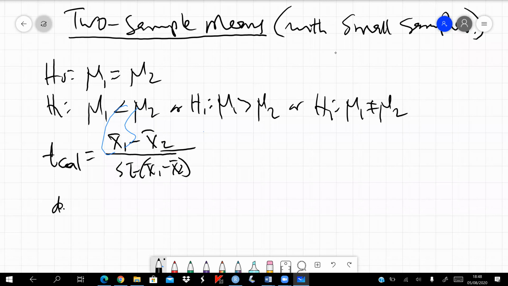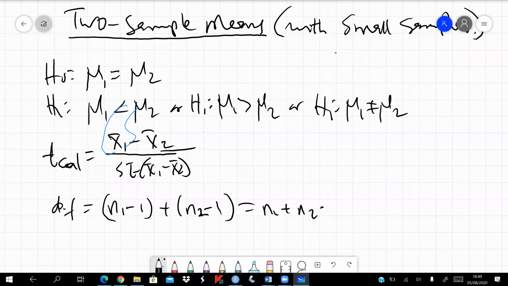The degrees of freedom here will be n1 minus 1 plus n2 minus 1, so it's the same as n1 plus n2 minus 2. That's how you obtain the degrees of freedom.